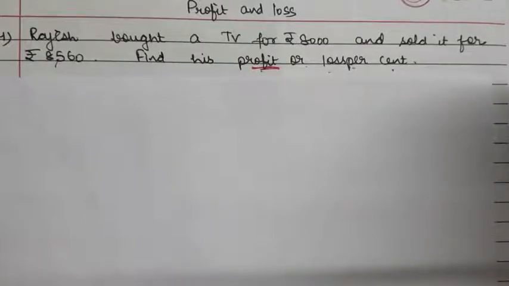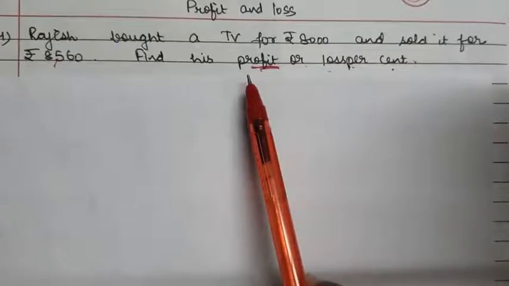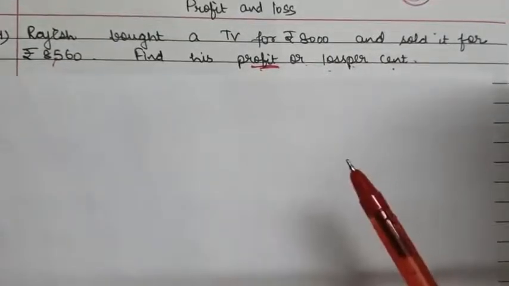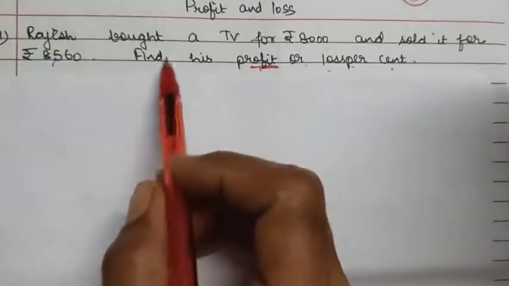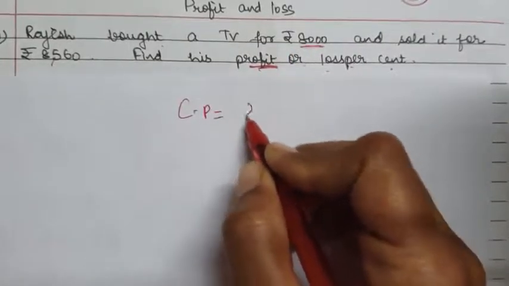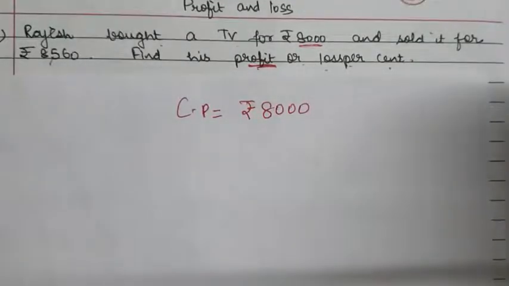If there will be a profit, you will find profit percent, and if there will be loss, you will find loss percent. So don't get confused. They are asking both. Actually, they are asking there will be profit percent or there will be loss percent.